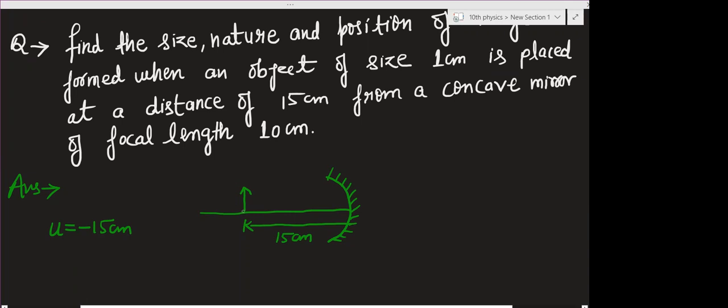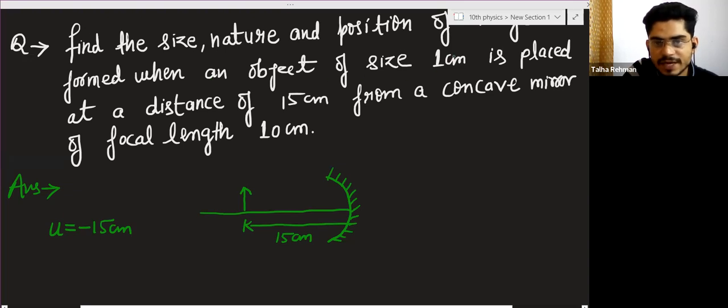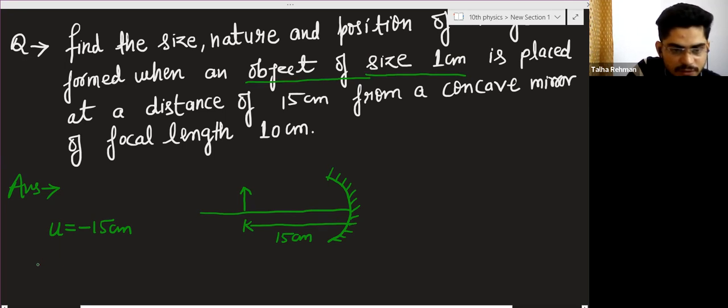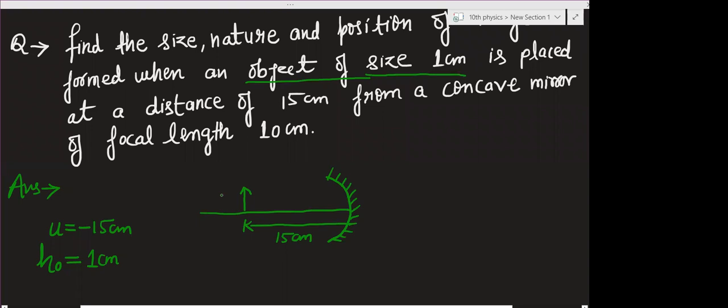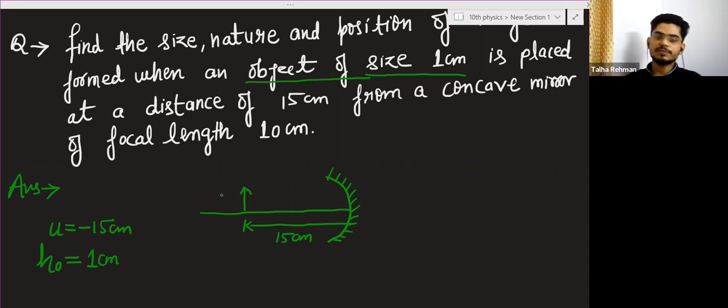This object is placed like this, with a size of 1 centimeter; the object size is given. The object is placed upright, so the height of the object will be positive. Always take the object like this, meaning you will always place the object in front of the mirror.